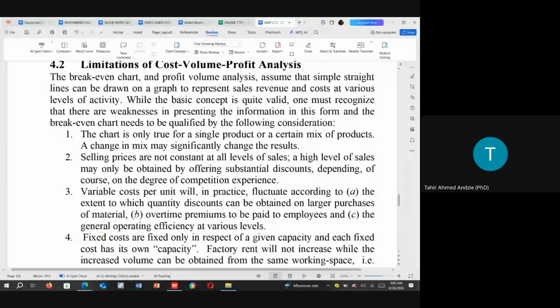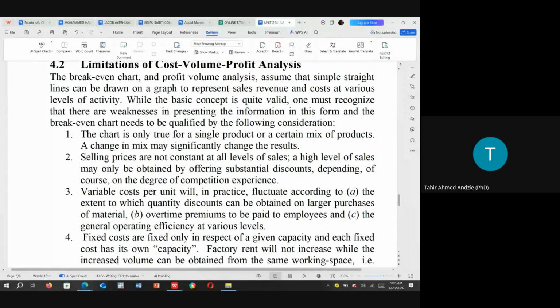But in reality, unit variable costs will not remain constant because of fluctuations, according to maybe the discount that we are going to get when buying material, just as we can also give discounts to our customers when selling. We can also get a reduction in the price we pay for the materials we buy, which is the variable cost that we pay.